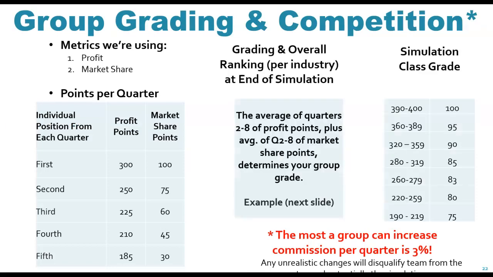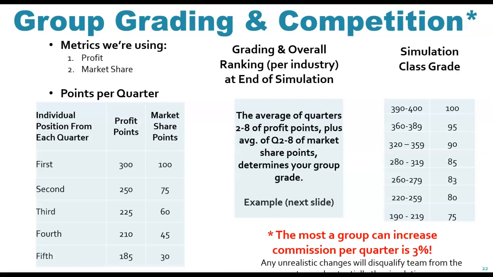So how does the group grading work? So this semester there will be 5 groups. And so with profit and market share, here's how the points are broken down. It's just based on a ranking system. Where did your group rank? You get those points every quarter, except for the first quarter.